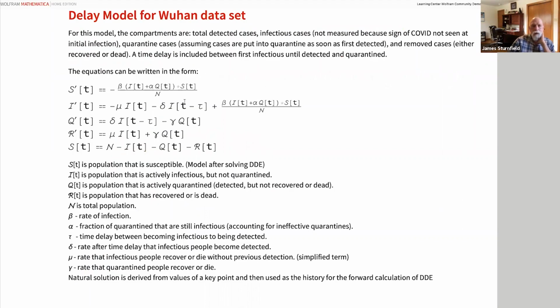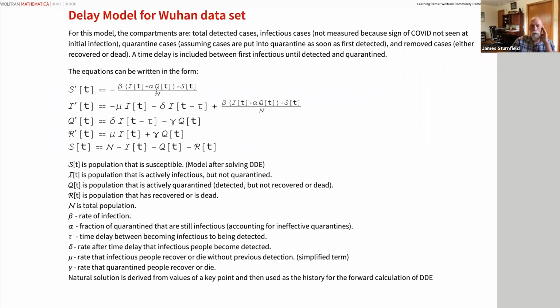For this data set, I'm basically going to a model where the delay is, well, I've created a group now that is infective but not yet detected. And so there's a delay between when somebody initially gets infected and is infectious to when they actually are detected in quarantine.